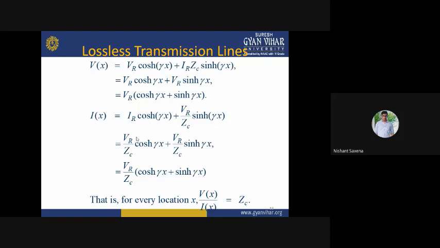Now VR by ZC cos hyperbolic gamma x and VR by ZC sine hyperbolic gamma x can be rewritten by taking VR by ZC as a common factor, giving cos hyperbolic gamma x plus sine hyperbolic gamma x. Therefore, at every location x, Vx upon Ix is the same, equal to Zc. If we consider a long, completely lossless transmission line, then at every location x, whether in the middle or anywhere else along the line, the impedance appears the same.